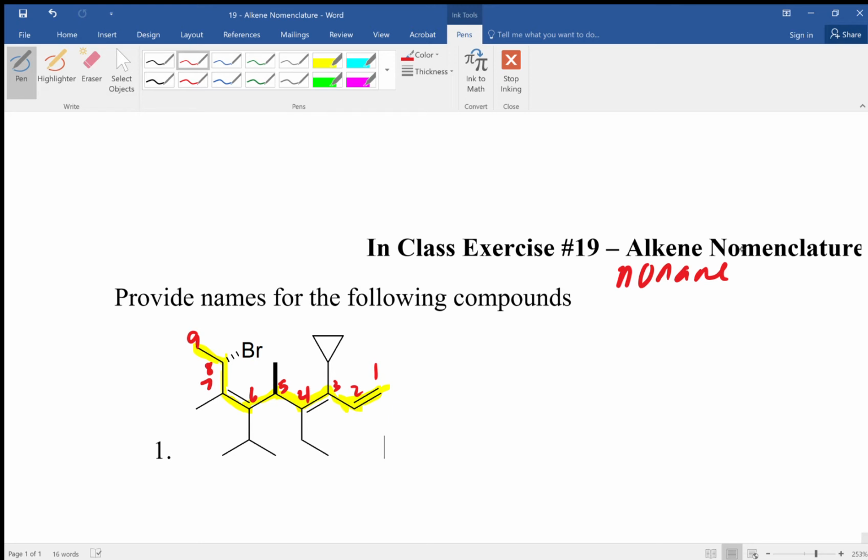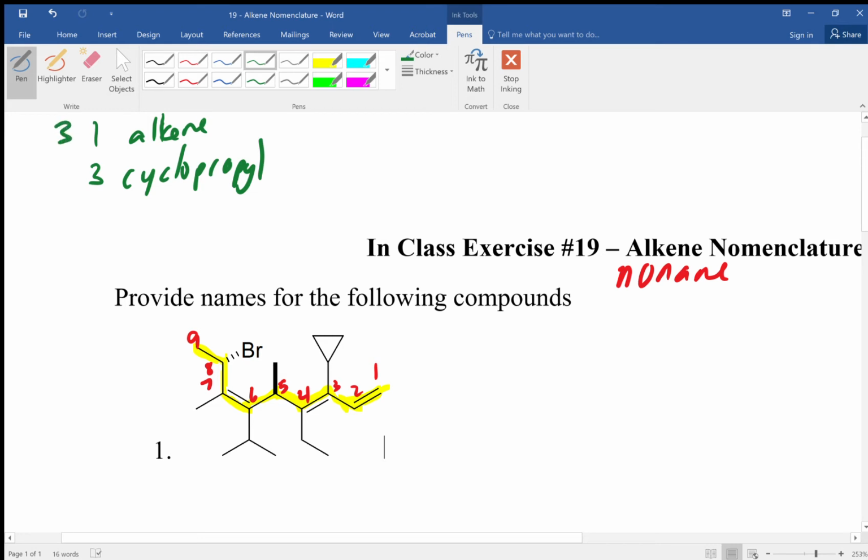And now, as we have in the past for more complicated examples, and I think often benefits us, I'm just going to start by making a list of what we need to do at each carbon. So carbon 1 has an alkene. Carbon 3 has a cyclopropane ring, which is a substituent we just call cyclopropyl. Carbon 3 also has an alkene. 4 has an ethyl. 5 has a methyl.